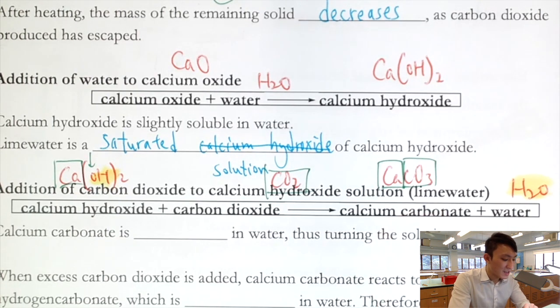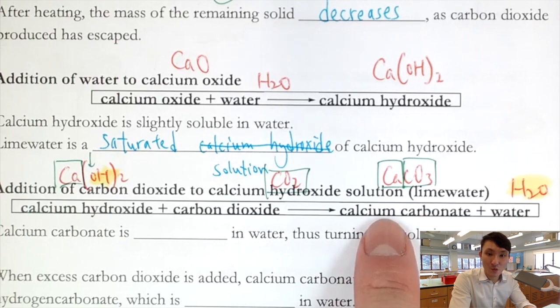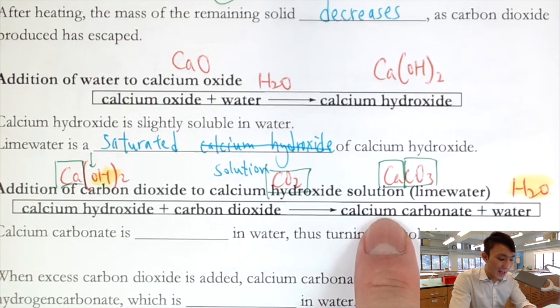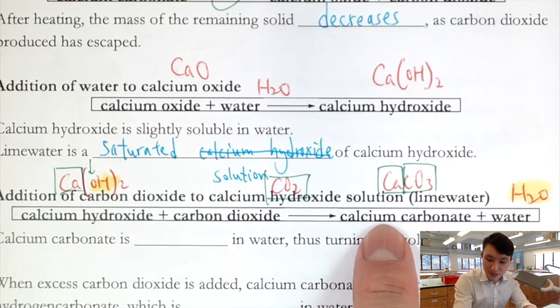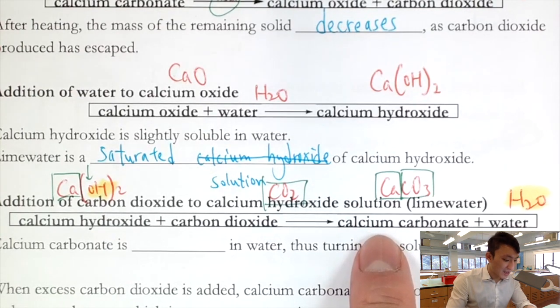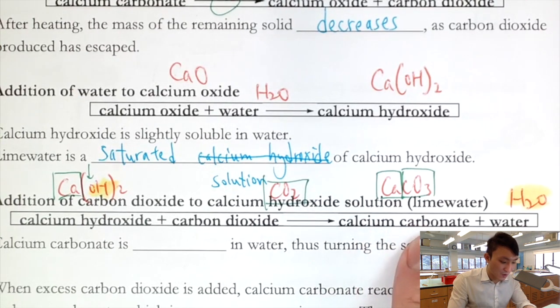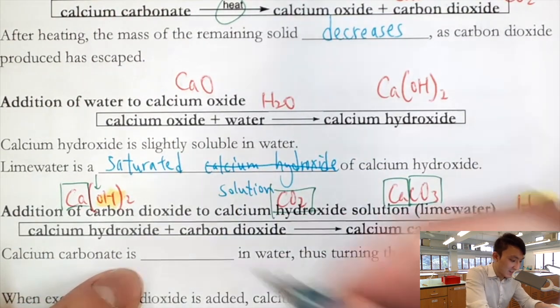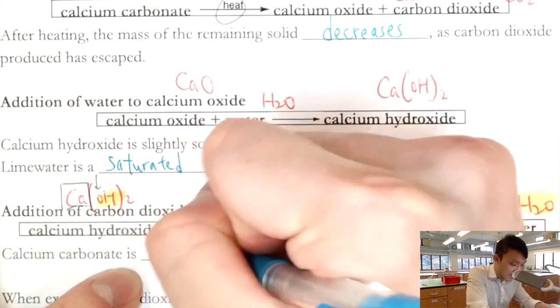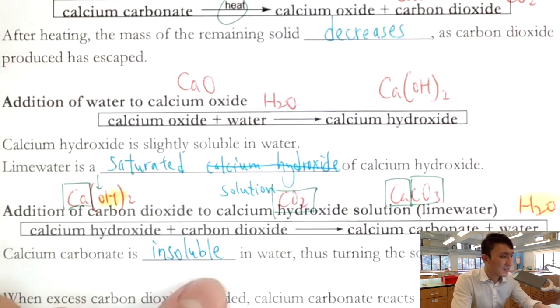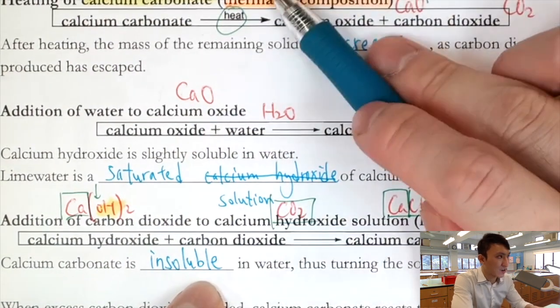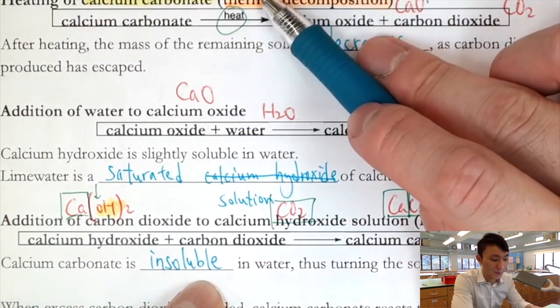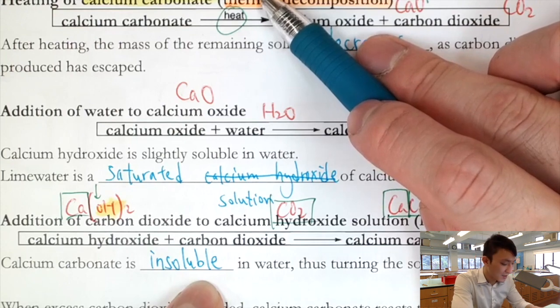Now here, this is the reason why it turns milky. It turns milky because it forms calcium carbonate, and calcium carbonate is insoluble in water. If you remember, I did talk about that at the beginning. Calcium carbonate is insoluble in water.